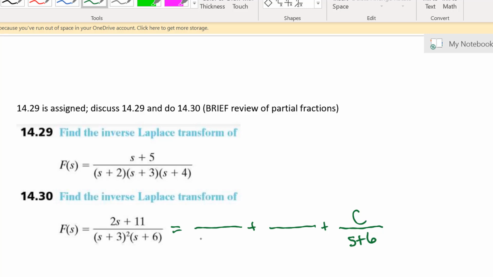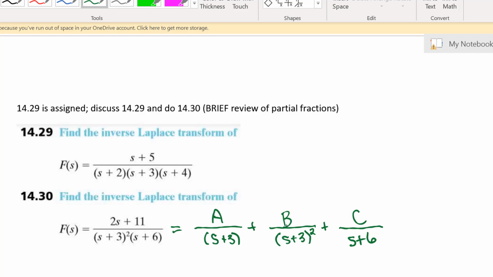So the first fraction has denominator s plus 3, and the second is s plus 3 squared. I guess I don't really need parentheses on just the s plus 3. So the first one is just a over s plus 3. The second one is just b over s plus 3 squared.